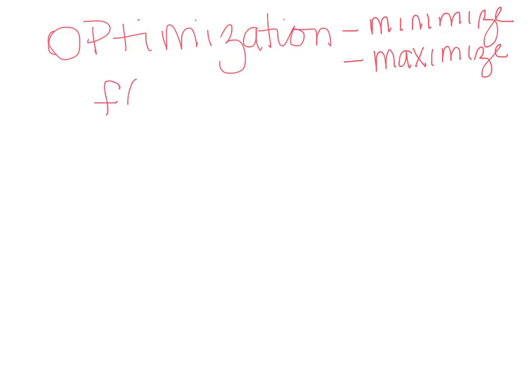So let's say I have f of x, y equal to 4x minus 2y. Now, the problem is, x can't just be anything, and y can't just be anything. You have what's called constraints.